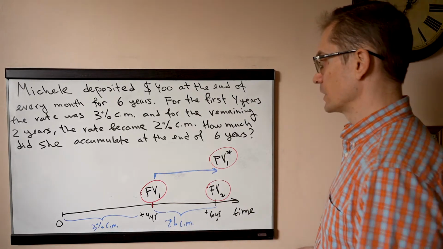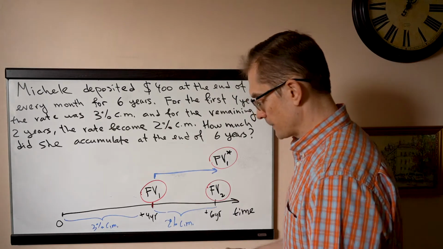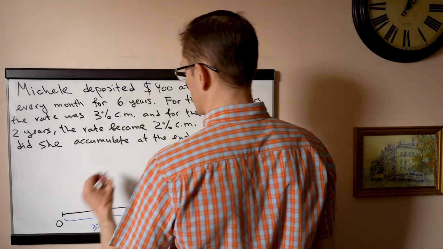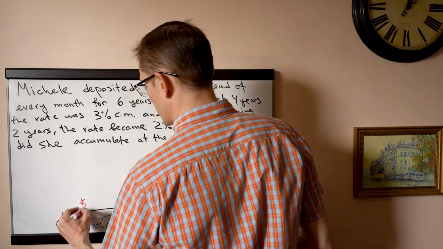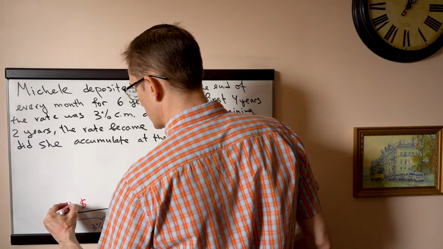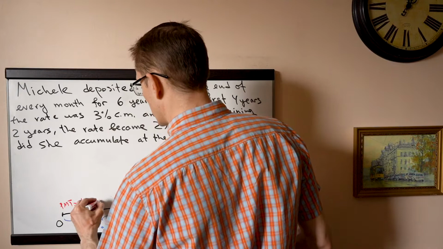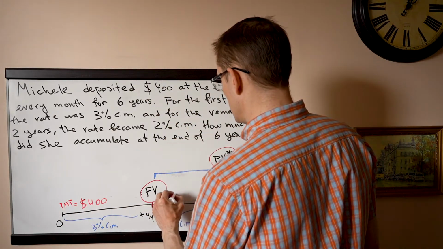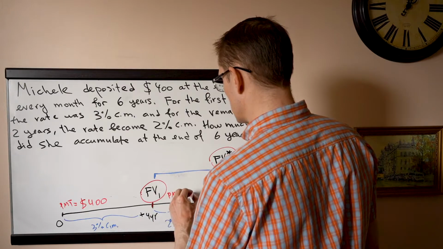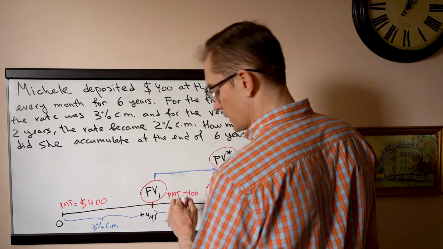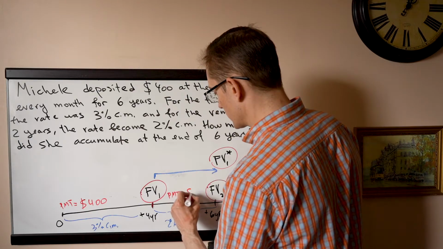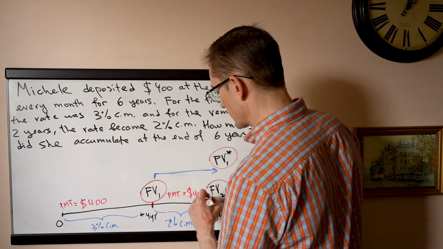in actual calculation. On this timeline I'll also say that it's a $400 payment, right? So PMT is $400 here, and in this part PMT is still $400, so that you can see that payments do not change here. It's only the rate that changes.